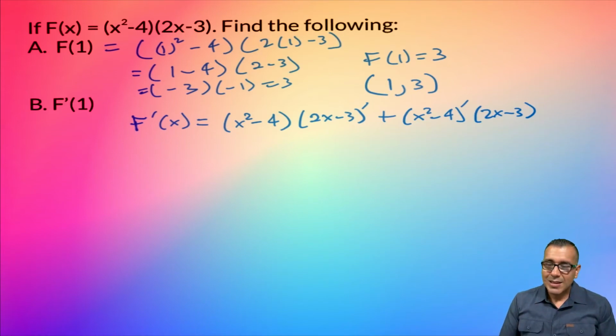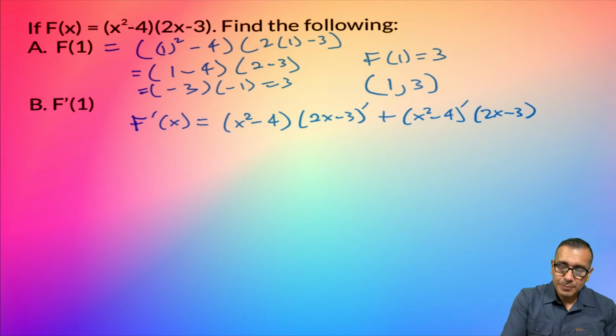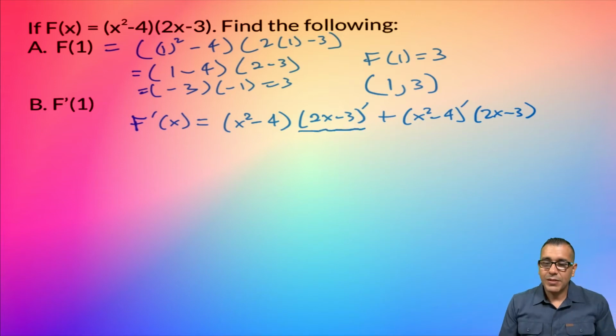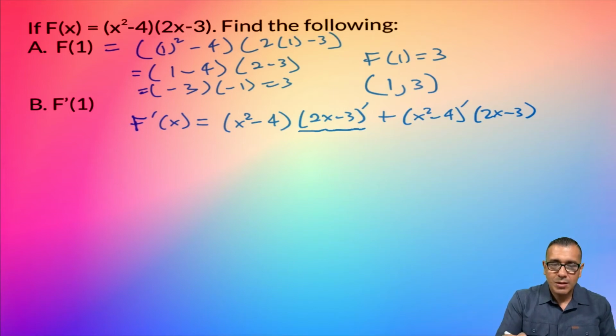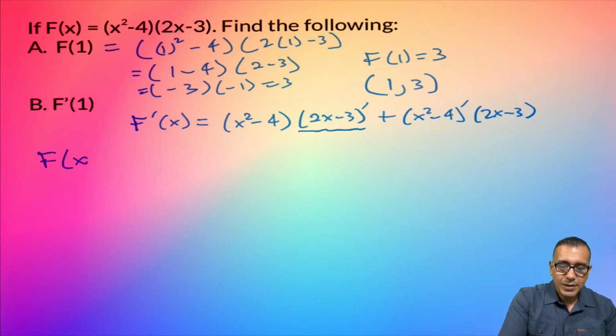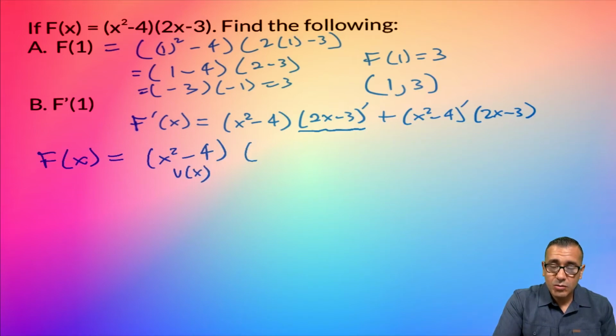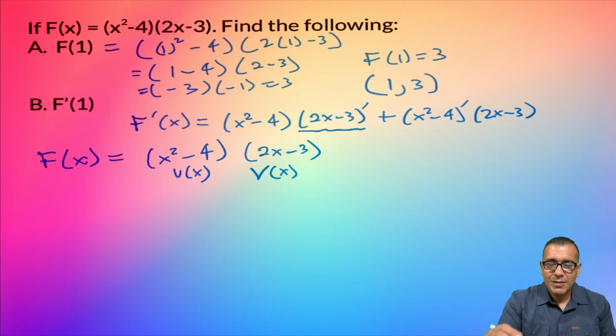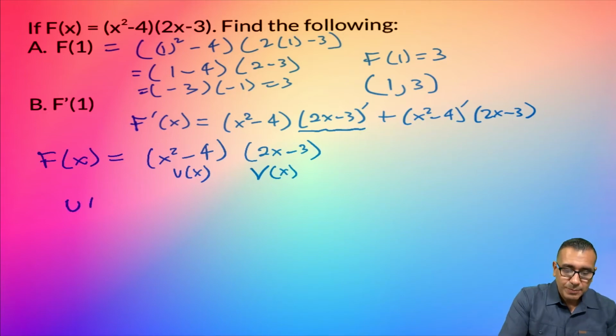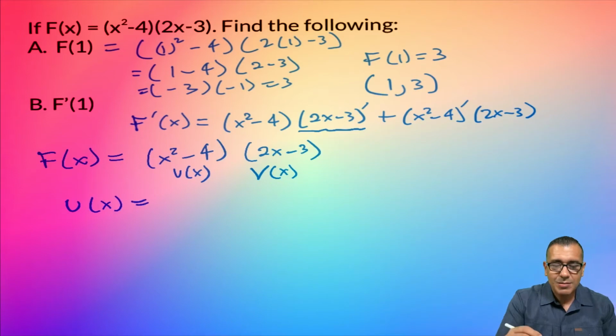And so now let's get to work. Let's go ahead and find the derivative of 2x minus 3. So just because we're barely learning this, let's call this function u of x, right? So a lot of textbooks, they'll use u, and then this function we'll call v of x. We just got to be careful and make sure we make that v really sharp so you could tell the difference. So u of x, and again, these are just names.